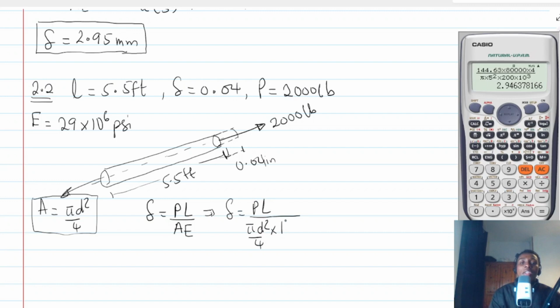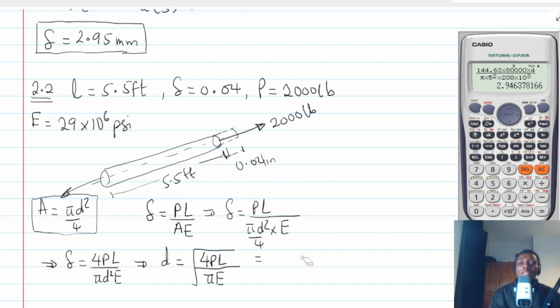So that we get everything in terms of the diameter. So delta is going to be 4PL divided by pi d squared E. Therefore D, the diameter, is the square root of 4PL divided by pi E.